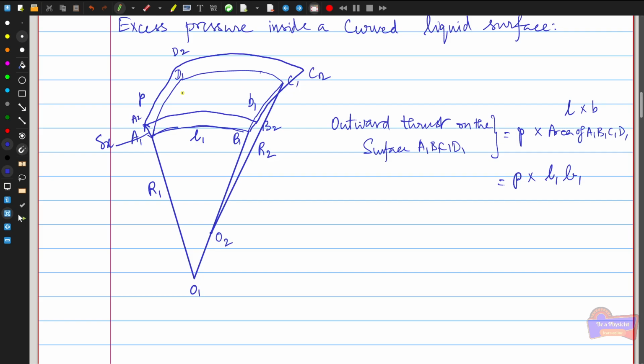Therefore, the new position of the surface is A2B2C2D2. We can then find the work done to move this surface from the original position to the new position, which is the work done in the displacement.